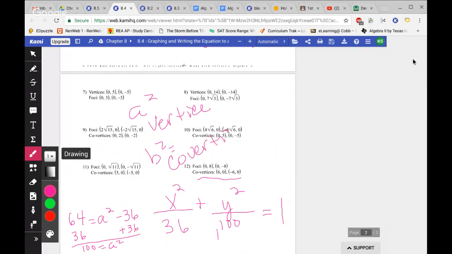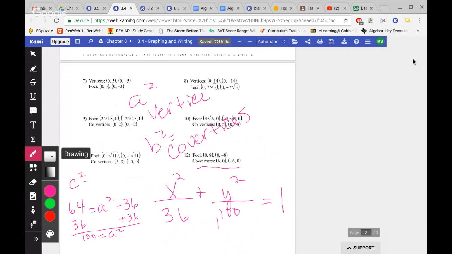So in this case, you were given the covertice, so that's going to be your b squared term. So when you plug it back into the formula... Yeah, I see what I did wrong. I think you probably subtracted 36, correct? Yes. So if you were working with the vertice, you would have to subtract. But since you were working with the covertice, you needed to add. Does that make sense? Yes, ma'am.